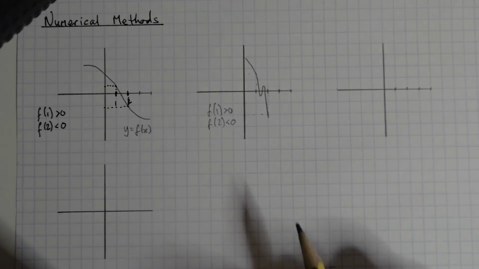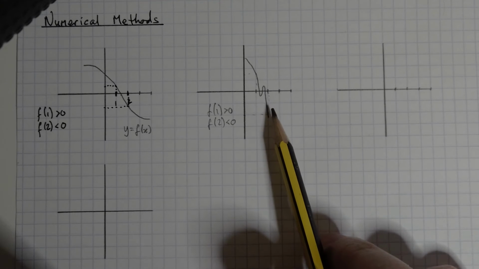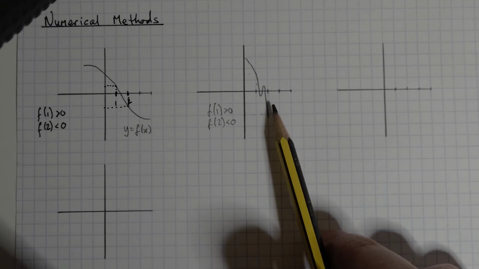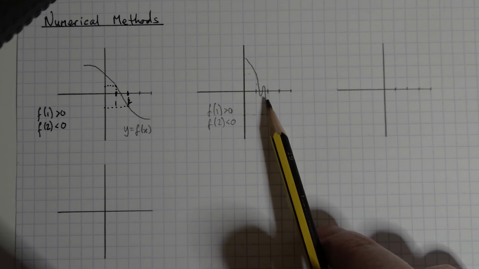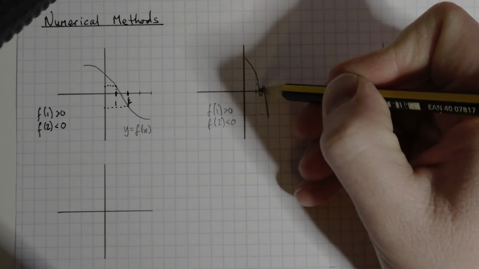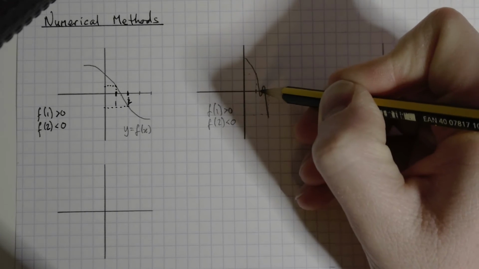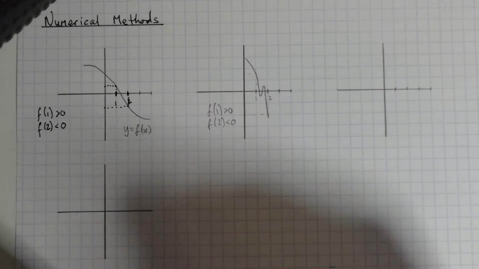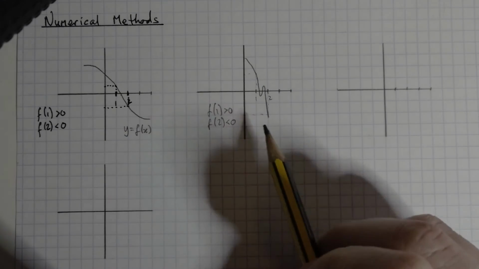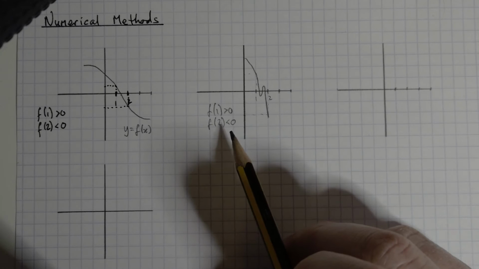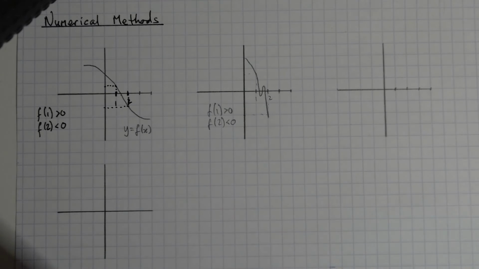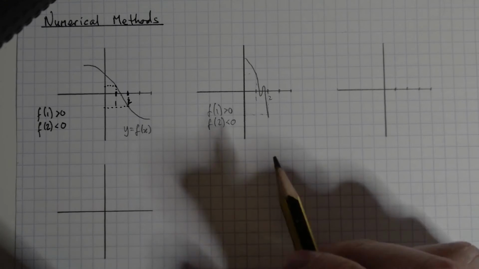So I've got a change of sign, but this time a change of sign did not imply a root. Actually, there are 3 roots in the interval: 1, 2, 3, all stuck between 1 and 2 there. So a change of sign doesn't necessarily imply 1 root, it actually implies an odd number of roots. There'll be an odd number of roots if you get a change of sign in that interval.